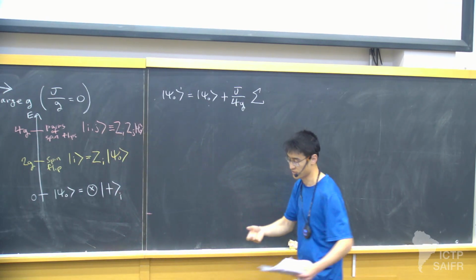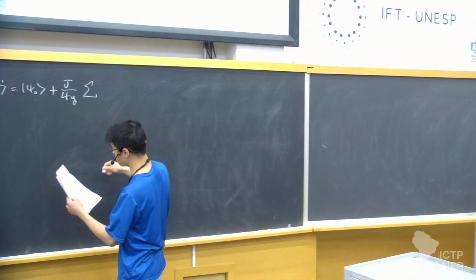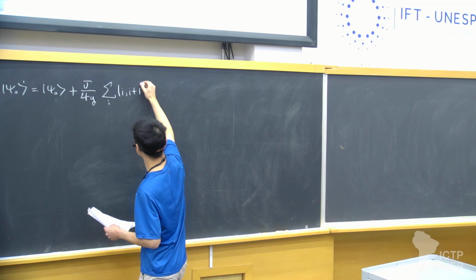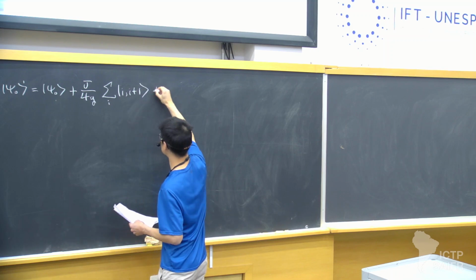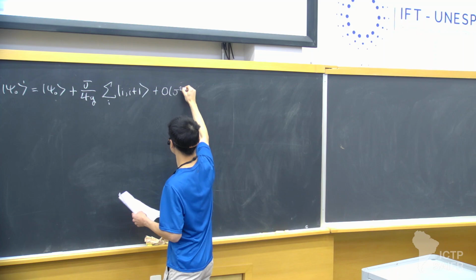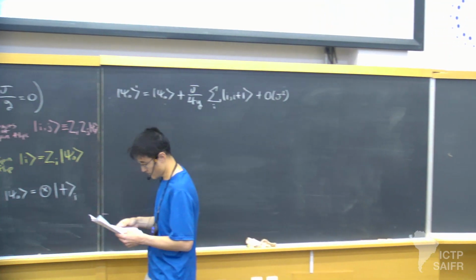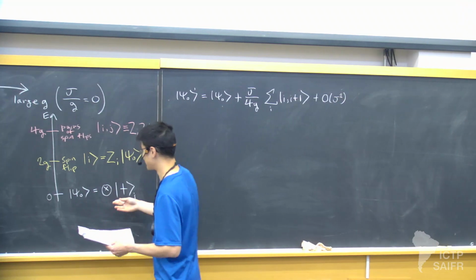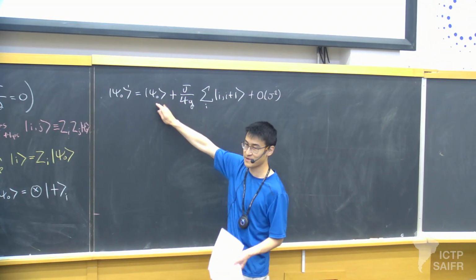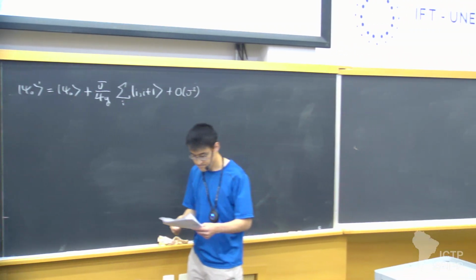So perturbation theory will now mix in some of those excited states into the wave function, and this is to order J. So turning on a little bit of J doesn't change the paramagnetic state that much. It's still pretty much a trivial state with some fluctuations in the wave function.